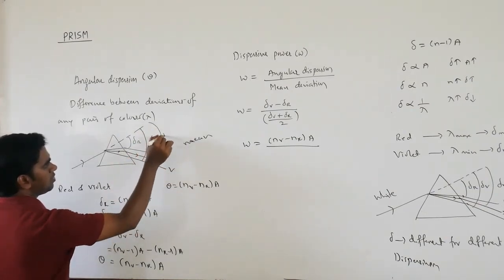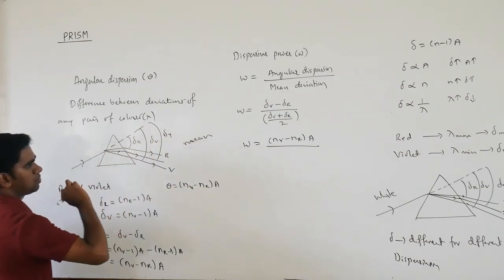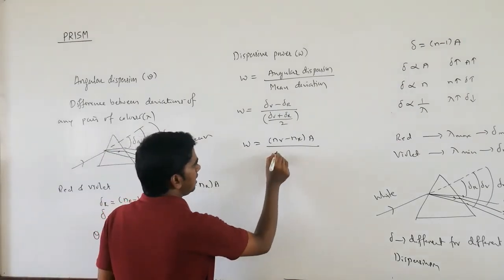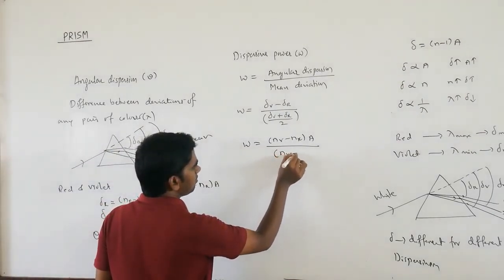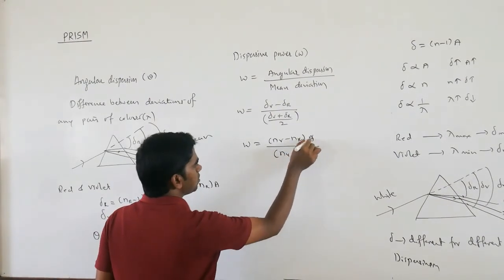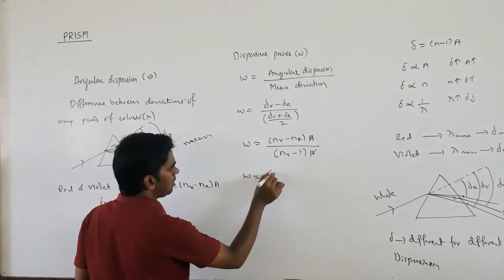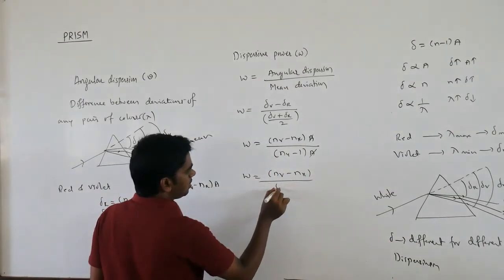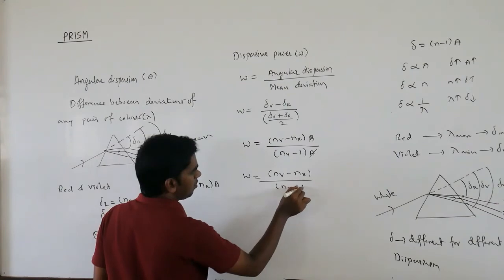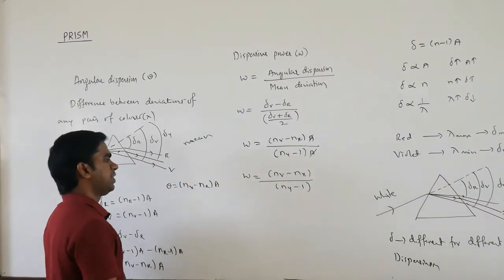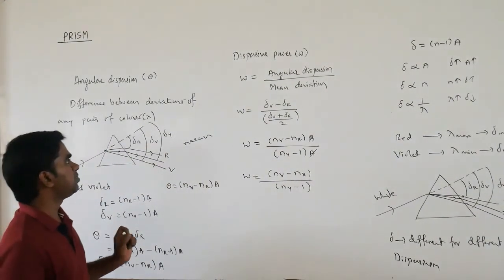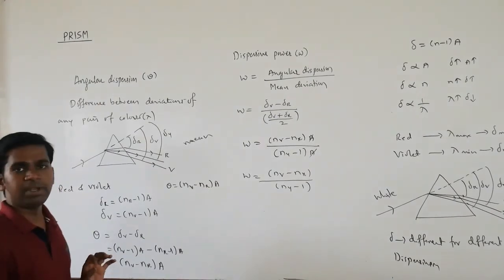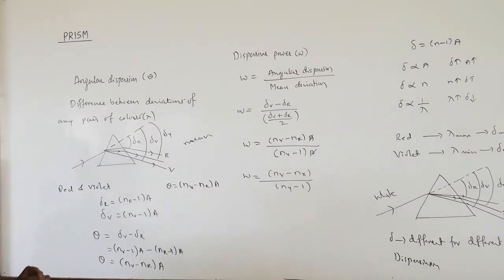So this is delta for yellow, which you can write as (n of yellow minus 1) into A. So A will get cancelled. Dispersive power equals (refractive index of violet minus refractive index of red) divided by (refractive index of yellow minus 1). Remember, the dispersive power of any prism does not depend on the angle of the prism. It depends on the refractive index and wavelength of the light incident on the prism.